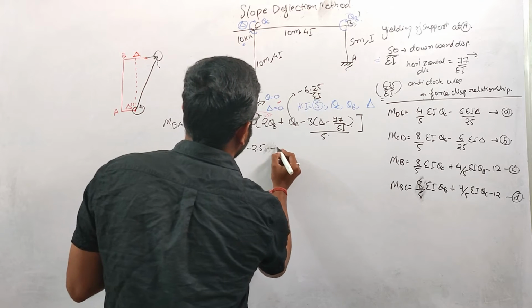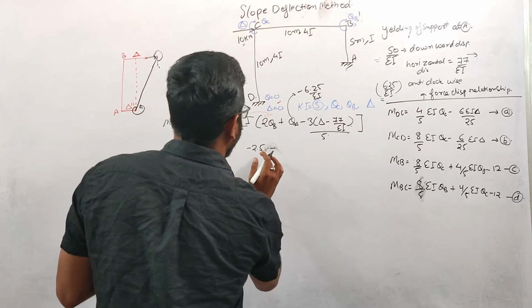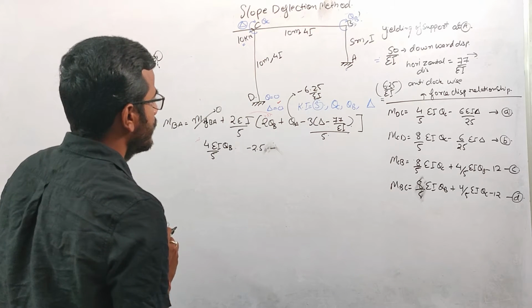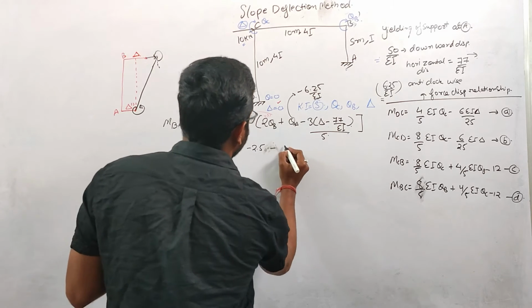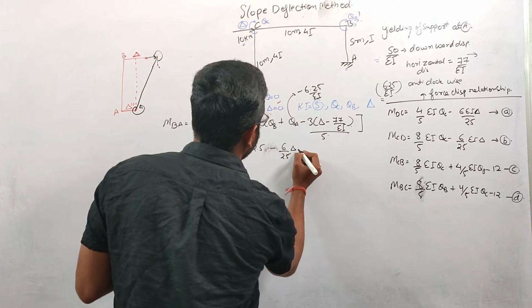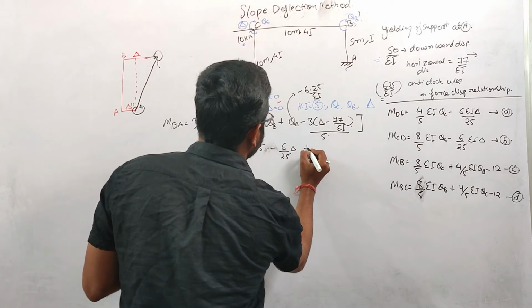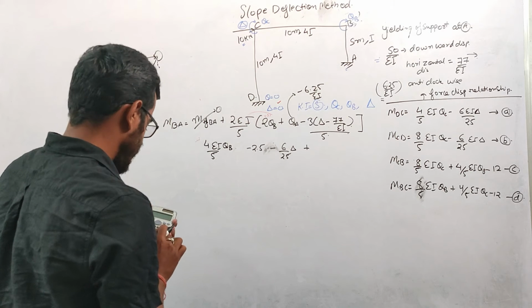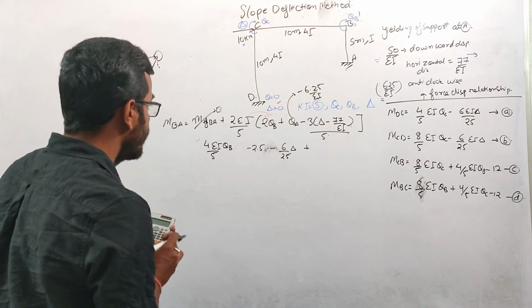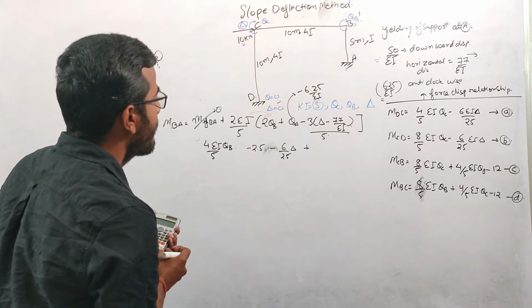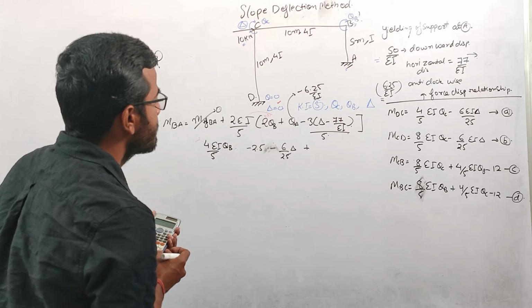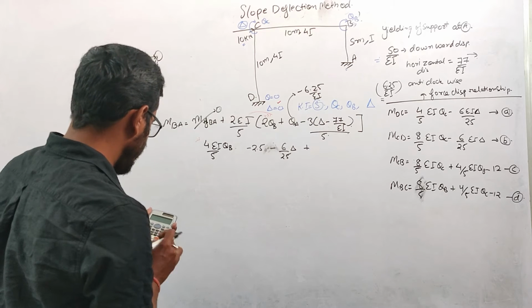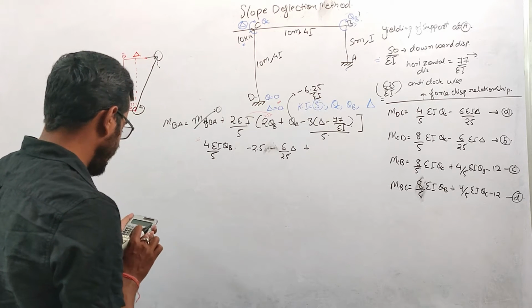Then this value will be minus 6 divided by 25 delta, and this is plus 2 into 77 into 3 divided by 25.